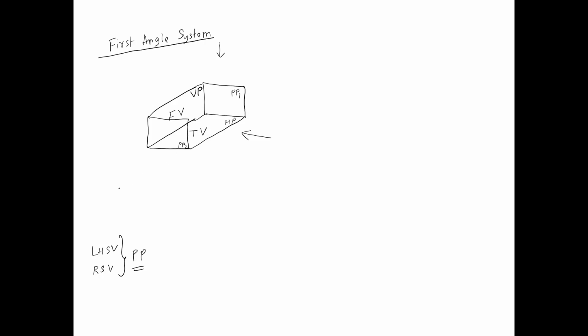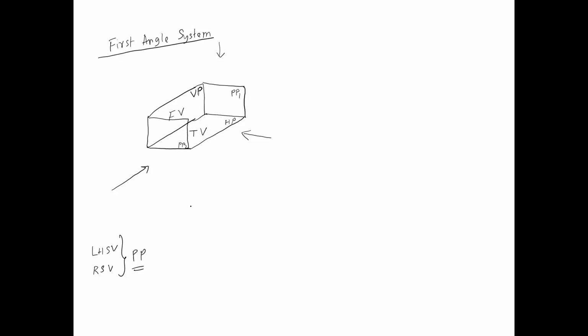So when you are trying to obtain the left-hand side view of the object, you are looking at the object along this direction. Object is located somewhere here. So my question is, will the left-hand side view be projected on PP1 or on the profile plane PP2? Which is the correct profile plane on which the left-hand side view will be projected? How will you understand that?